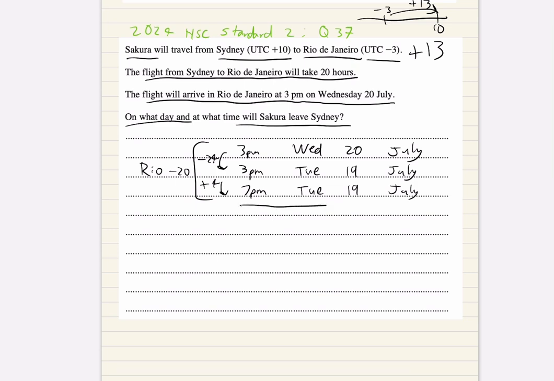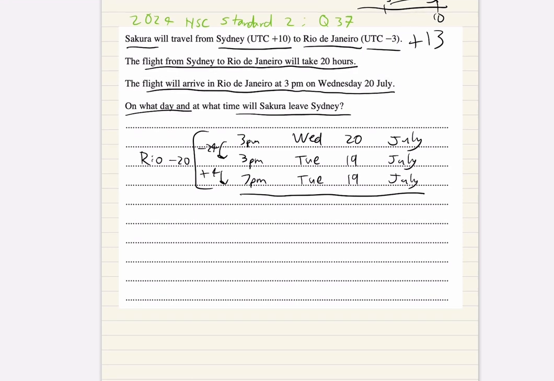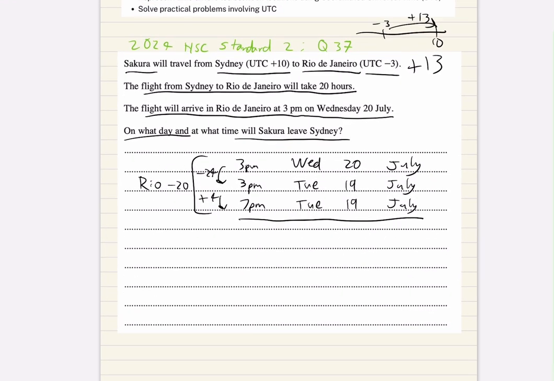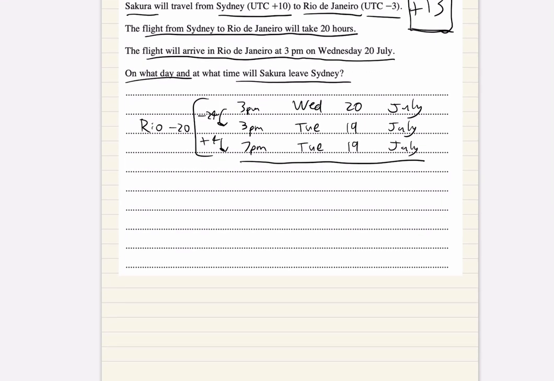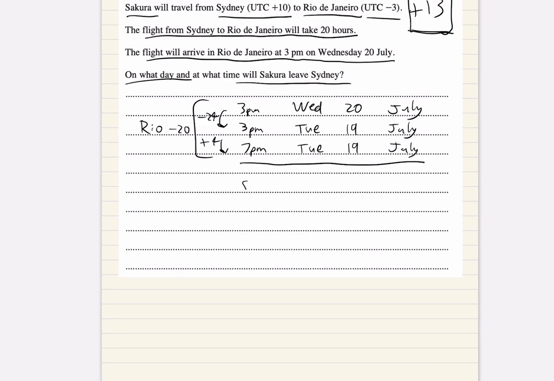Now all I've got to do is convert this Rio time to Sydney time. The gap there, as we worked out at the start, is 13. So I've got this time in Rio time, but now I need to add 13 hours to it because Sydney is 13 hours ahead. If I add 12 hours to that time, I'm going to get 7 a.m. Wednesday, the 20th of July.